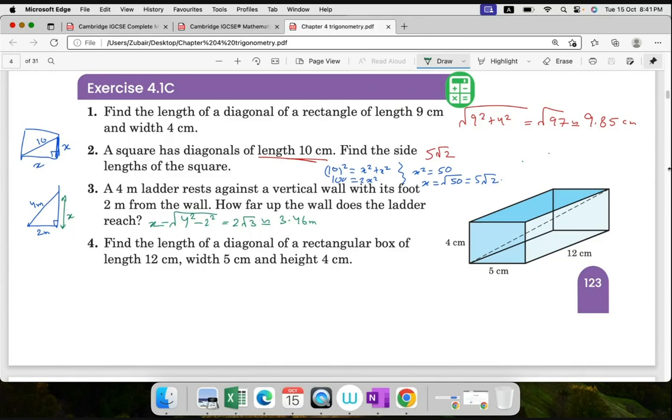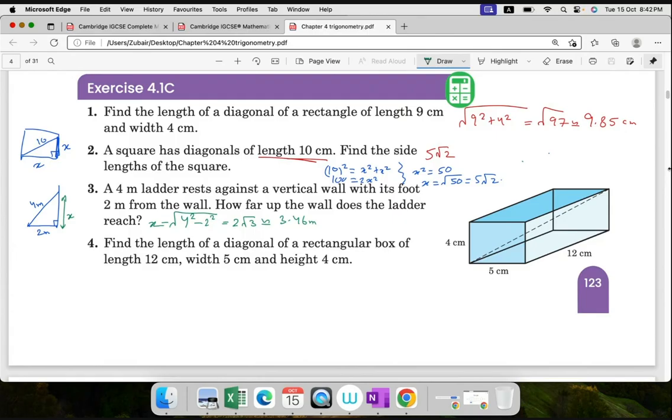Did you get this? Yes, sir. Okay. Try number 4 and do it directly. Length of diagonal which is marked. Direct in one go.